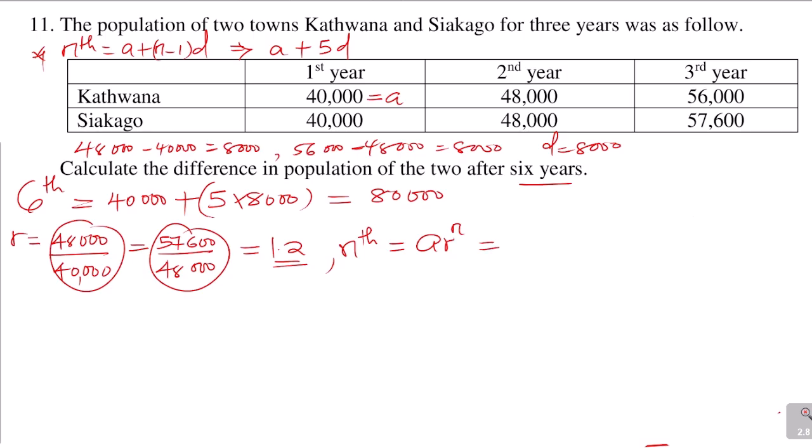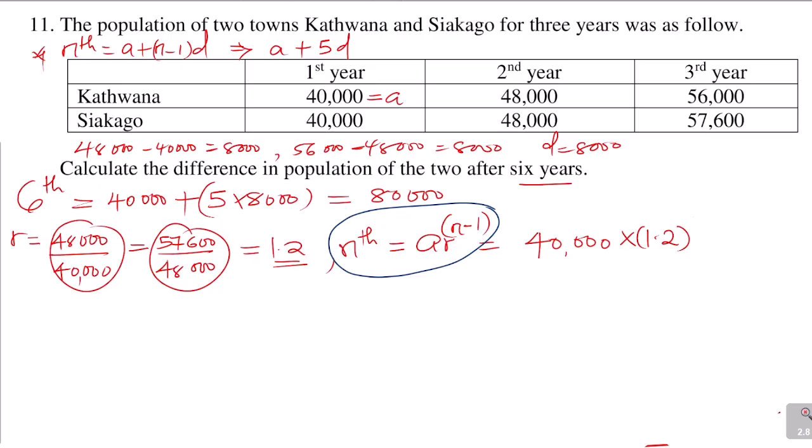Actually, I left something out: the nth term of a geometric progression is given by a r raised to power n minus 1.